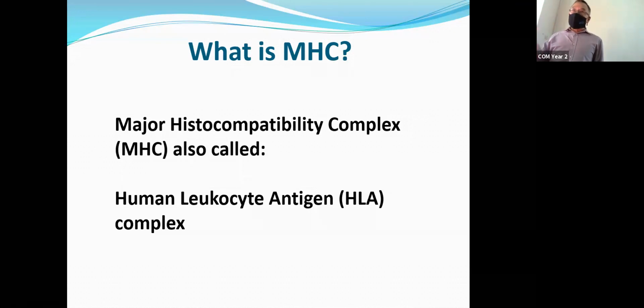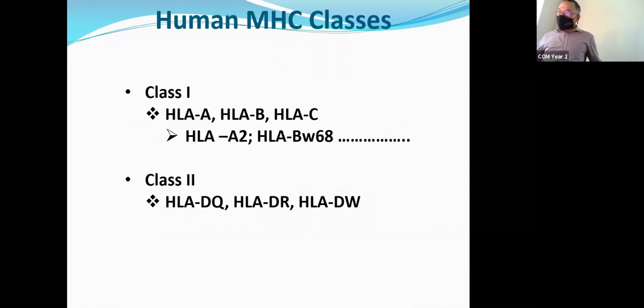In the human system, surgeons, after wars, were busy experimenting with transplanting kidneys, livers, hearts into different patients, and they came up with a set of surface molecules which they called HLA, human leukocyte antigen. Subsequently, it turned out that both groups were working on the same system. So for the human system, I will use the term MHC or HLA interchangeably, but just bear in mind I'm talking about the same thing.